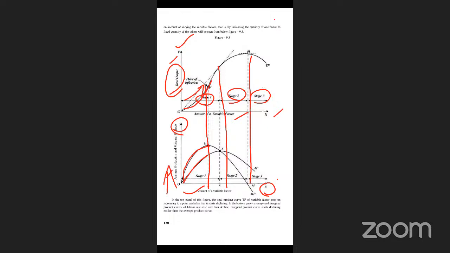Okay, thereafter, average product is increasing, but marginal product is declining. And there is an intersection point of average product and marginal product where it is 0.